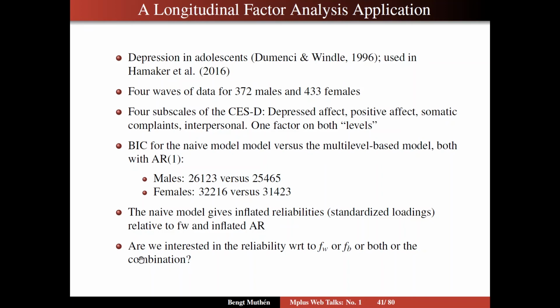Now the question is then, when we are in this rich longitudinal modeling framework based on the multi-level factor analysis model, we can be interested in various kinds of reliabilities. Reliability with respect to the within factor or the between factor, which is the trait factor, the more stable factor, or both, or some sort of combination of the two.